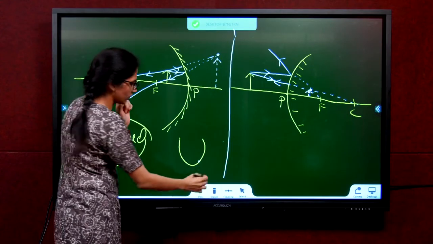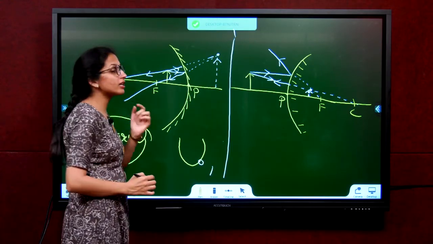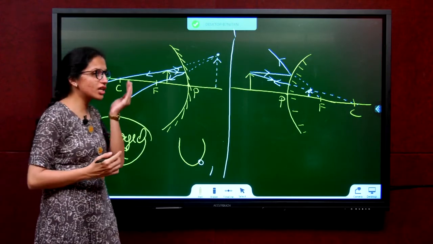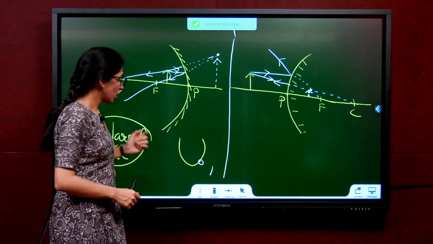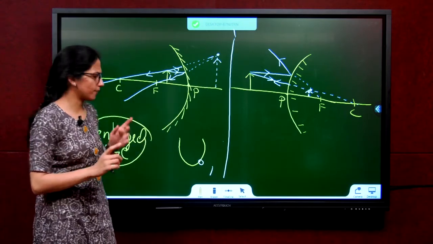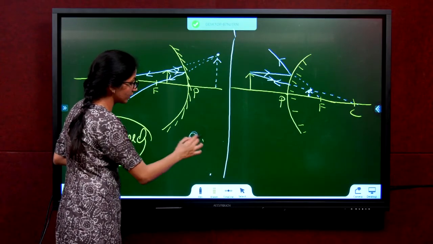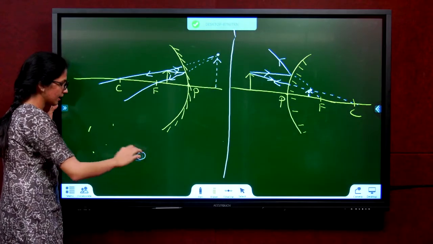An enlarged image of the hair. You can catch it. Understanding? So it is used in shaving mirrors. See, enlarged virtual and erect. Again, while using shaving mirror, you don't hold a screen. You see it with your naked eye. So shaving mirrors, dentistry.